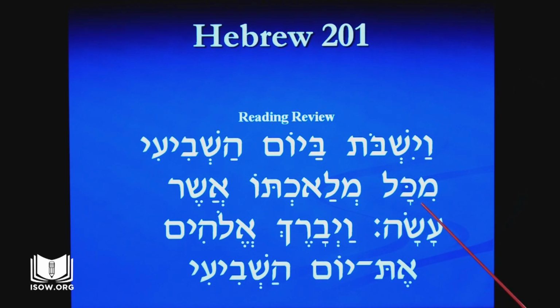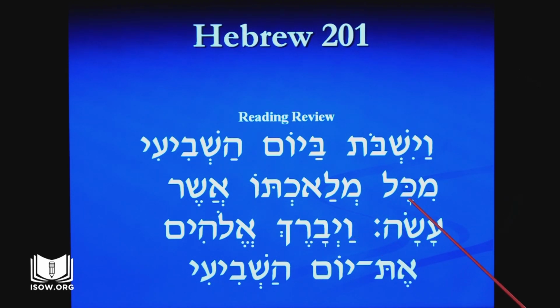mikal. Now notice the kaf here has got the dagesh in the middle, so it's not going to get the guttural sound, the ch. It's going to get that K sound. Mikal. Melachto. Now here, the chaf does get the guttural sound because the dagesh is not there.